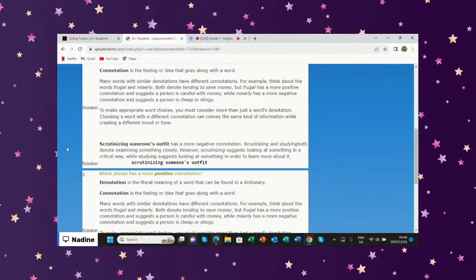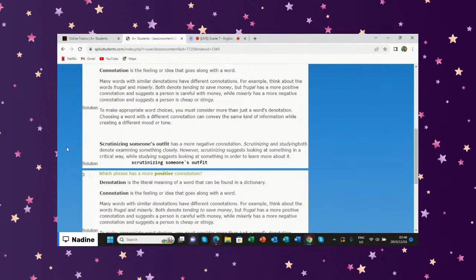If you look at the words scrutinizing and studying, both of these words denote examining something closely. It's like you're studying the person's outfit or you are scrutinizing this person's outfit. However, scrutinizing suggests looking at something in a very critical and negative way, and studying just looks at something in order to learn more about it.